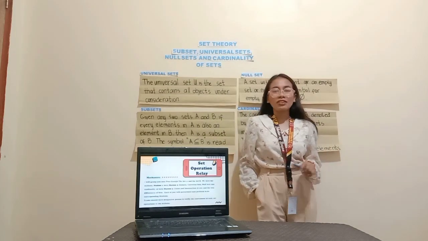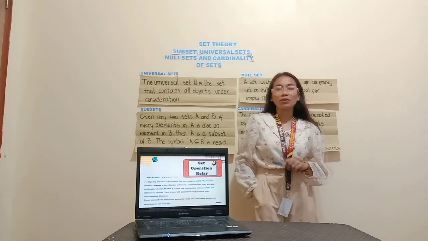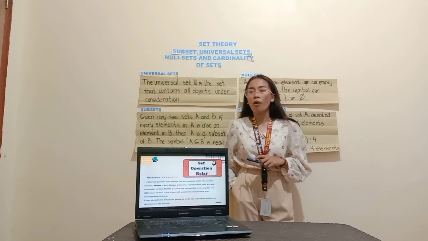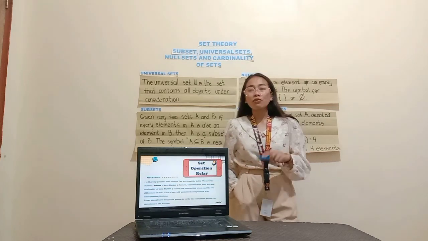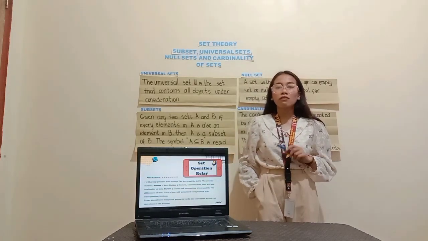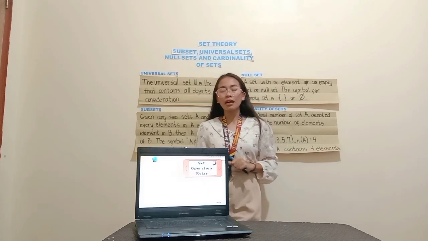Before we end our lesson for today, I prepared a game for you. Who is excited? Before that, please count 1 to 4. If you're done counting, please form a line and go to your respective group. Please listen carefully. Here are the mechanics.